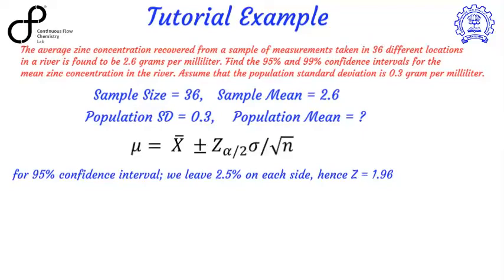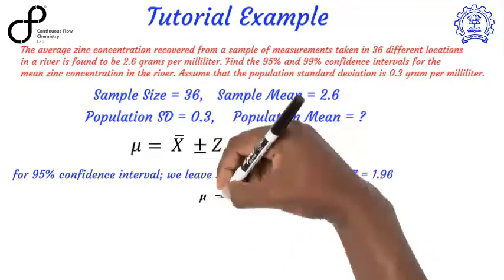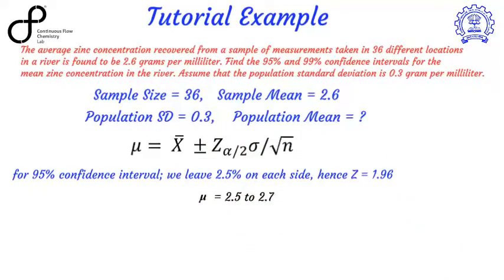Therefore, the corresponding z0.025 comes out to be 1.96. Now, we have all the information required to calculate the population mean range for 95% confidence interval. The calculated range comes out to be from 2.5 to 2.7.